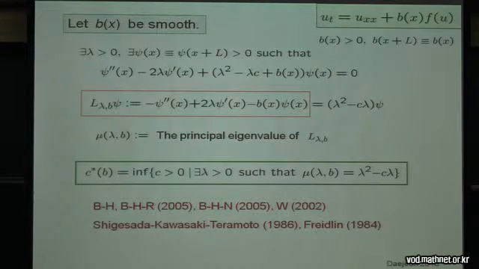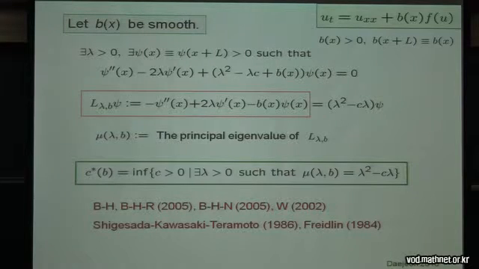Now, B of x, in this setting, is a carrying capacity. But anyway, B of x in this context is the derivative of f of x at u equals 0.